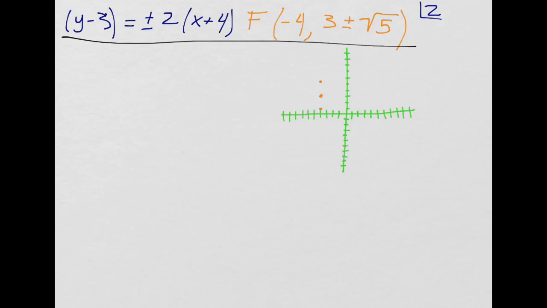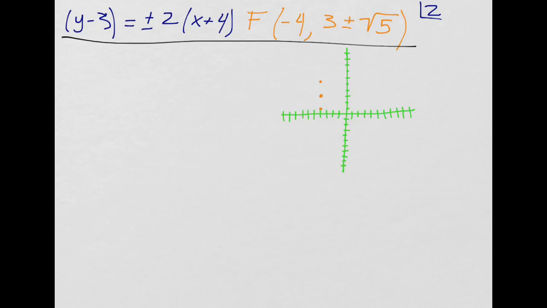And now let's think about how we can get our a value and our b value, because we already know our c value. We know our c value is the square root of 5. So remember that the slope of the equation of the asymptotes is in the form either b over a or a over b.